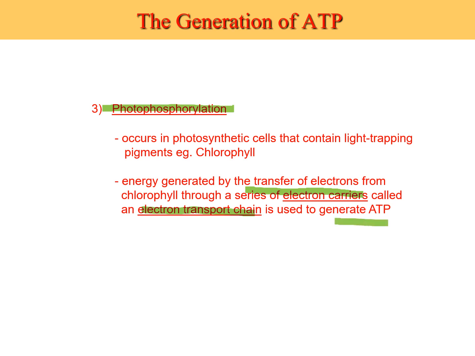Our cells cannot, and most bacterial cells cannot generate ATP through photophosphorylation because they don't have the light-trapping pigments that are able to generate chemical energy from light energy, the most common of which is chlorophyll, which is green.